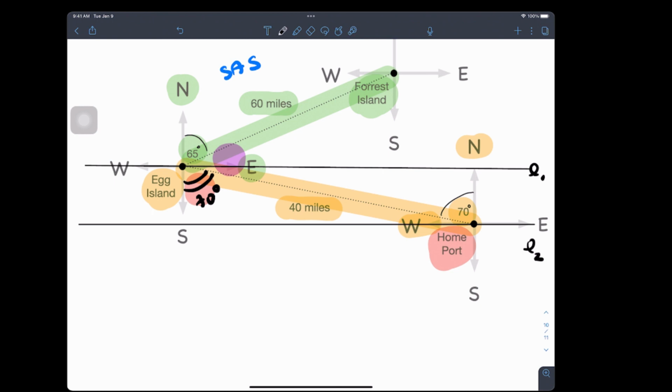And then see if I can change the angle on that. I don't know if I can, so I'm going to have to do this instead.